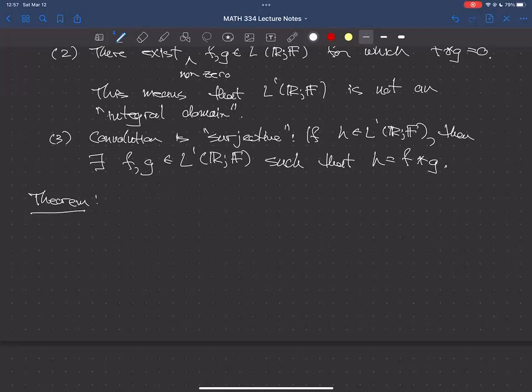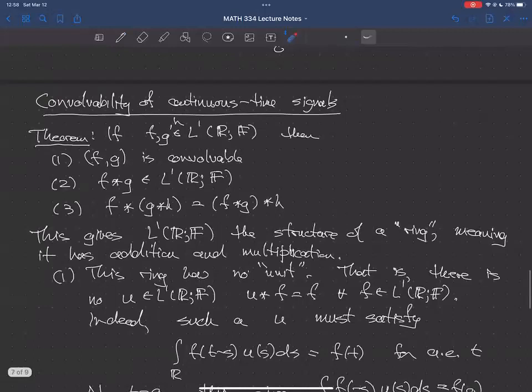Okay. So if F, G, H are in L1 loc of, okay, so I'm changing my previous example in two ways.